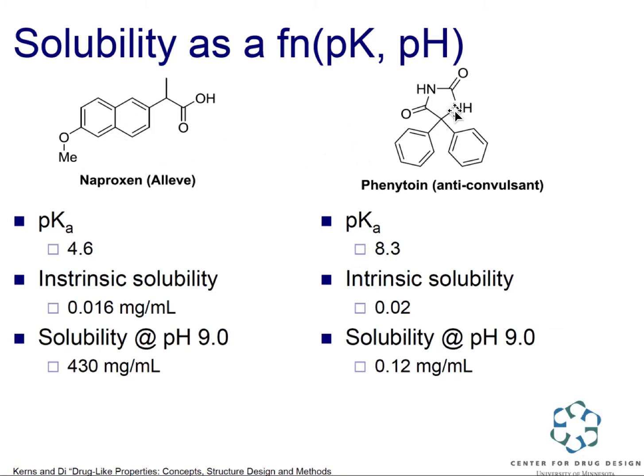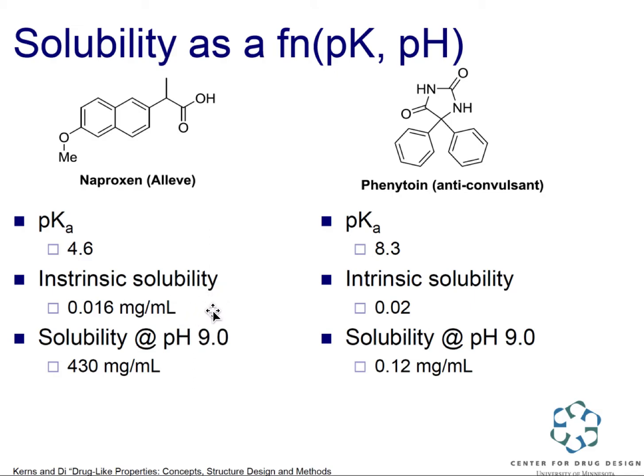Solubility is a function of pK and pH. So this is pKa or pKb here, right? So we'll think of it as pKa. So here's an example of Aleve. The pKa they're talking about here is this OH group here. And so its solubility at pH 9 is very high.